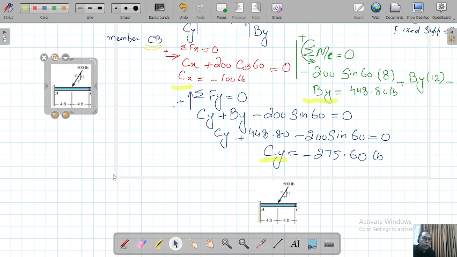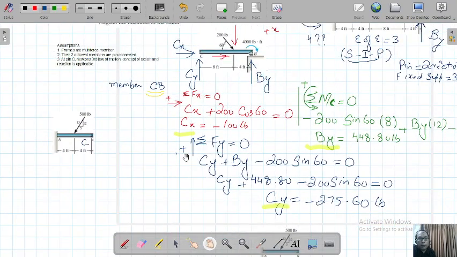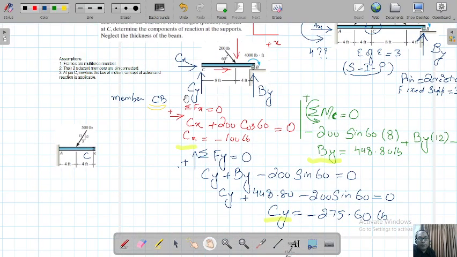When we want to calculate the force for the member AC, we already know this is point C. Now just remember that when we did CB, these were the reactions of Cx and Cy. Now we are doing member analysis for member.